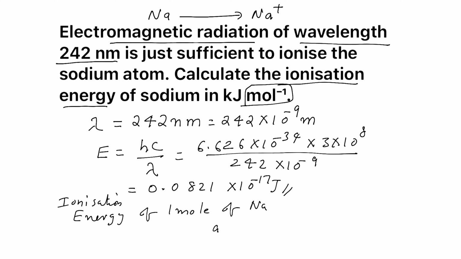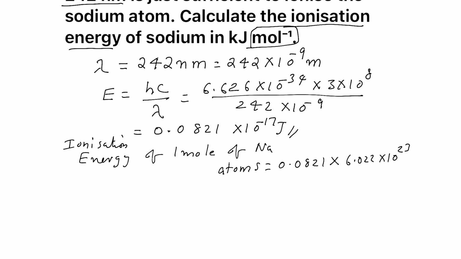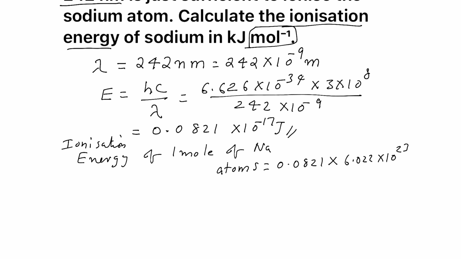Very easy, right? For 1 atom, it is 0.0821, so for 1 mole of atoms, multiply by 6.022 into 10 raised to 23. On calculating, you will be getting 4.944 into 10 raised to 5 joule.